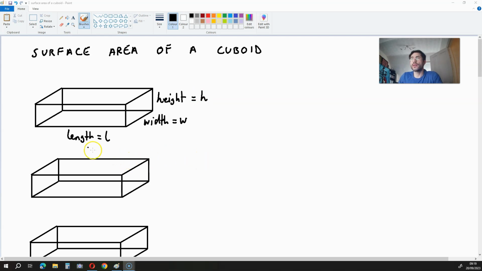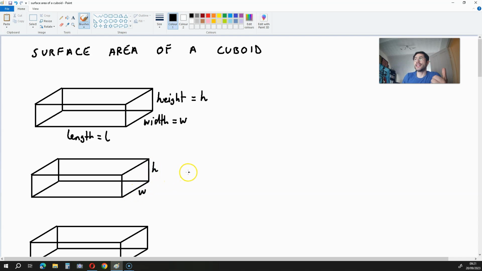Now a cuboid will consist of 6 faces. So that is the left and right hand side, the top and bottom, and also the front and back. So that is 6 faces. So to get the surface area of the left hand side and the right hand side, we are going to have to multiply W, which is the width, by the height.